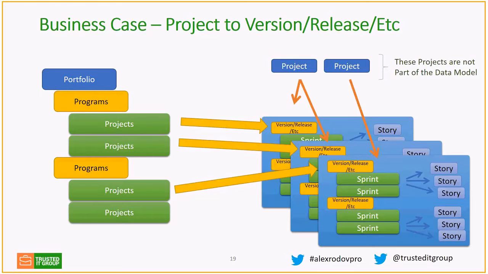But you really want to tie that to versions or releases, etc. Right? So you can create these links from projects to versions. And I know at least two organizations that are doing projects by versions, and that's why this business case is actually up here.